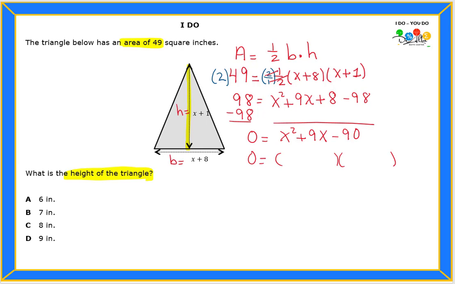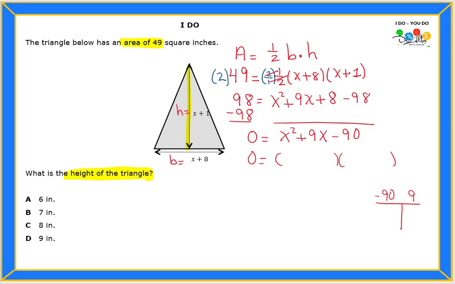And there's different ways that you guys have done factors more than likely. And one of the things that I always ask the students to do is the t, right? So that I can say I'm going to multiply a times c, which is negative 90, and a positive 9. So I need to find two numbers that I multiply that gives me a negative 90, right?